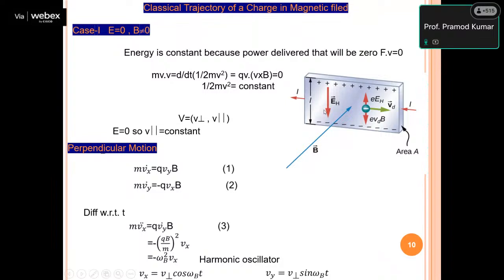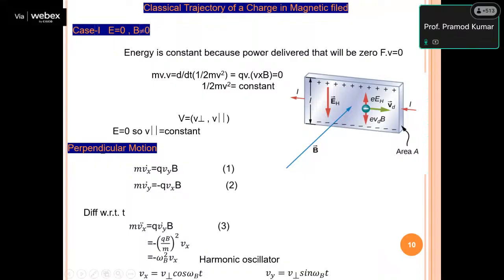If you have any material and you are not applying the electric field, then definitely the electron is not moving in the material. It means energy is constant. When E equals 0, energy is constant because the power delivered will be 0, the Lorentz force dotted with the velocity is equal to 0.